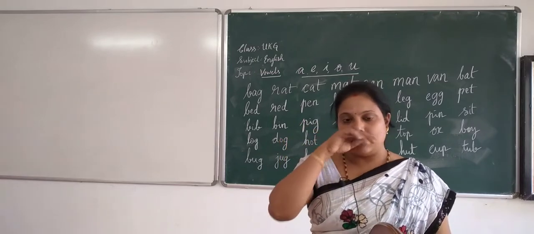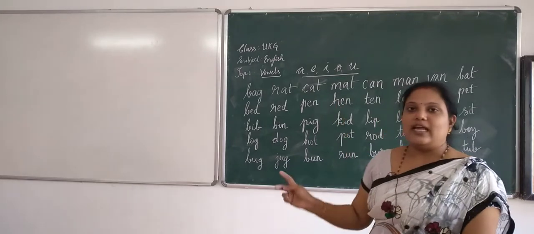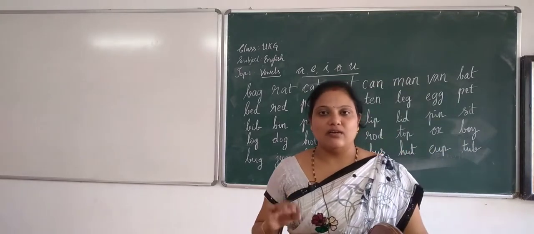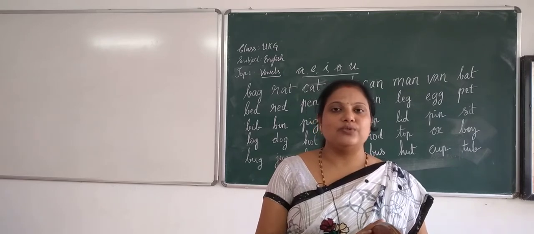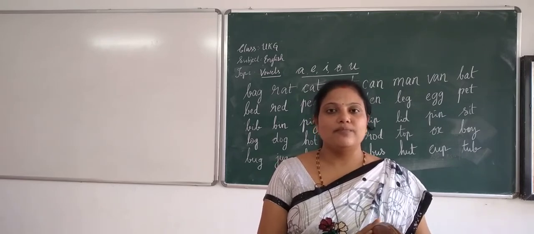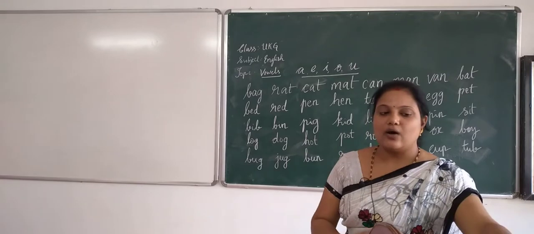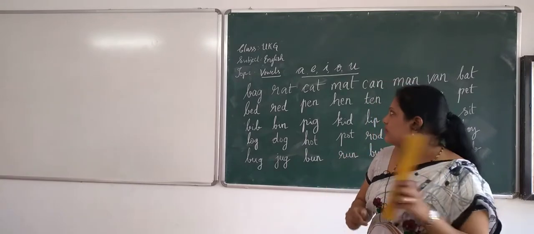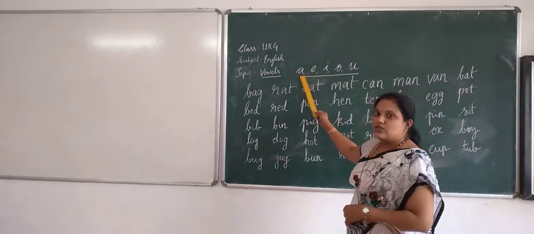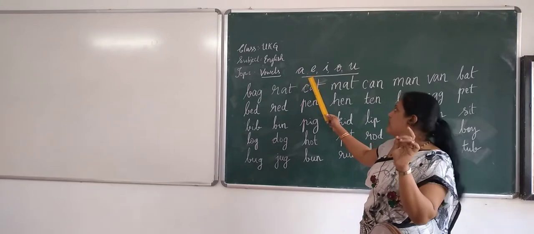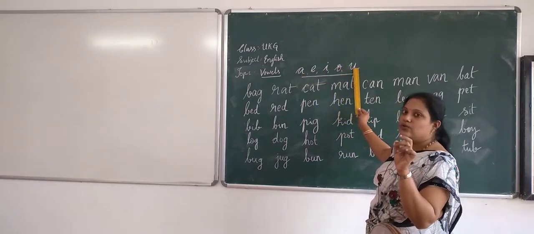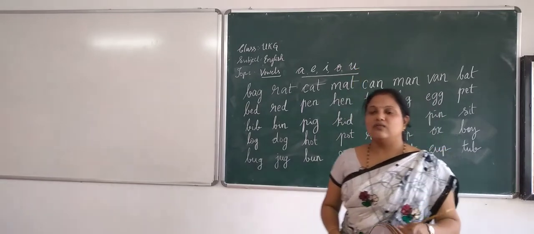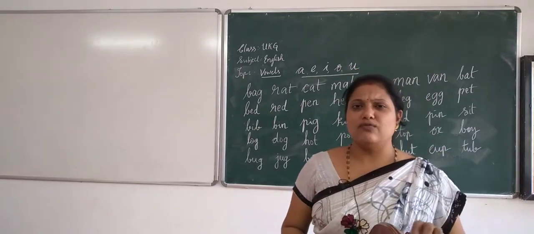Children, today let's start with what the vowels are and what the words related to those vowels are. Shall we start now? See, there are totally 5 vowels: A, E, I, O, U. What are vowels?